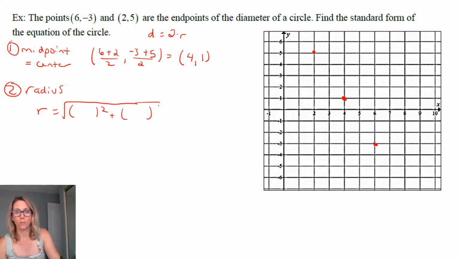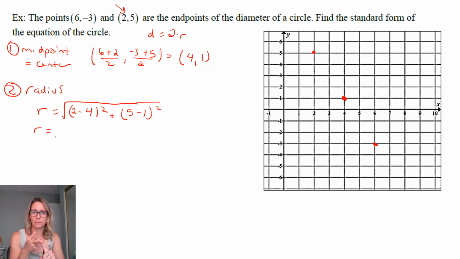It does not matter. It'll give you the same thing, I promise. So let's pick the point where everything is positive. That's nice. All right, so we're going to go 2 minus 4 squared, and then 5 minus 1 squared.